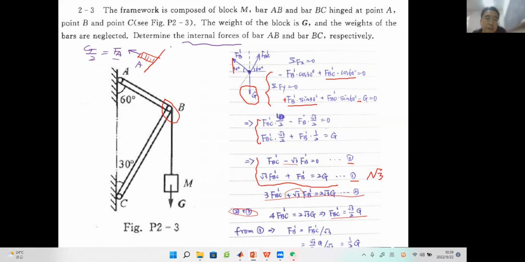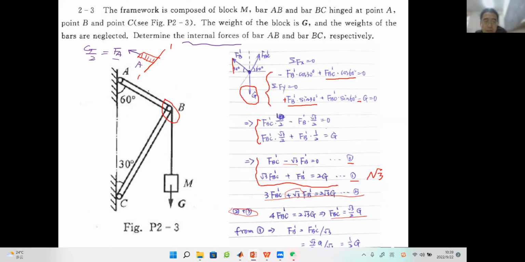So we use this plane, maybe plane 1-1, to cut this AB into two parts, and we just select the left part to study, because the whole part of AB is in the state of balance. Then one of its parts also should be in the state of balance.